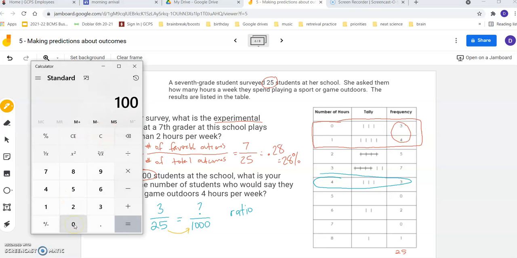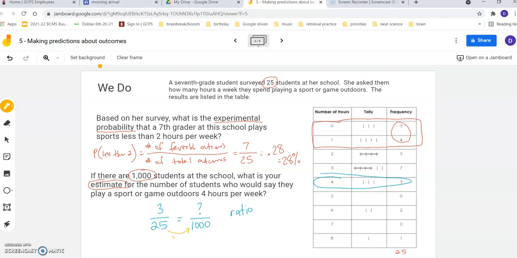Do 1,000 divided by 25. That is 40. So this is like 40 times more students. So this would be 40 times more as well. 3 times 4 is 12, plus there's a 0. So I would expect 120 students to play for 4 hours a week out of 1,000.